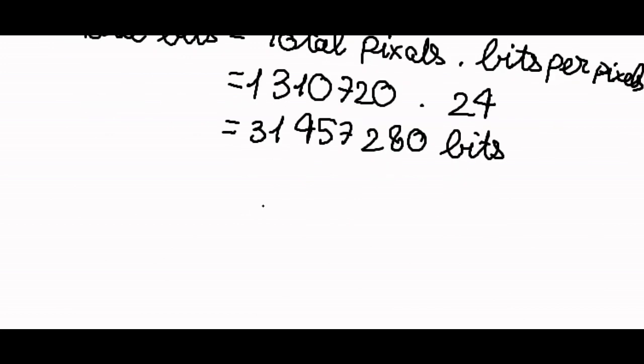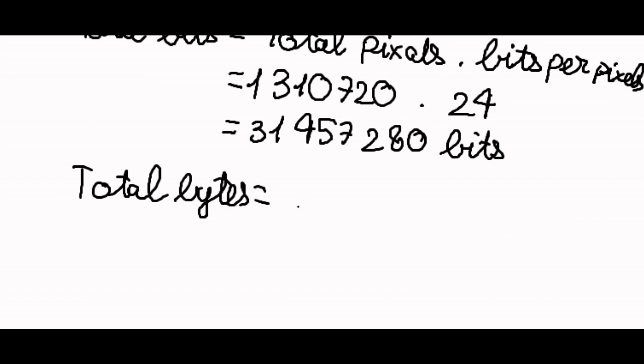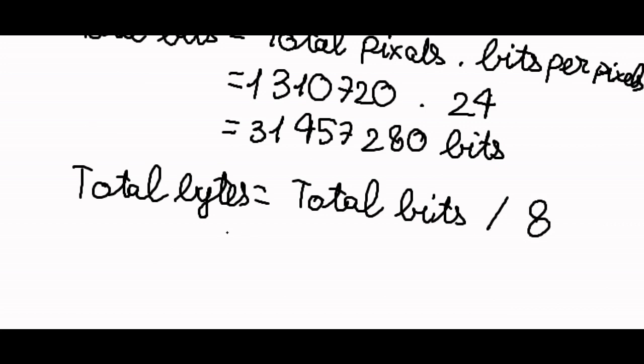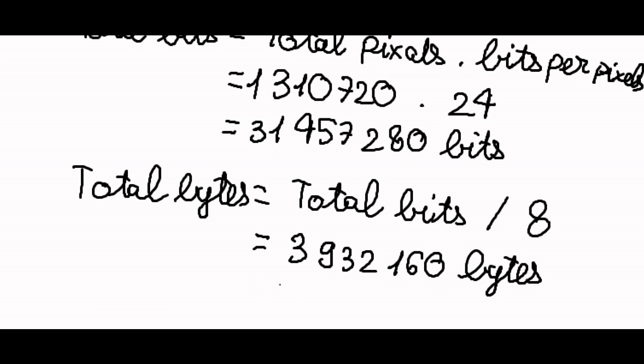And so we can calculate the total bytes, which is equal to the total bits divided by 8, which is 31,457,280 bits divided by 8, which gives us 3,932,160 bytes. Now this is the answer for question A.